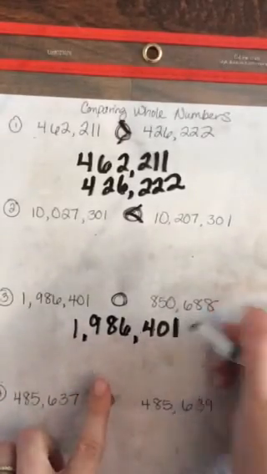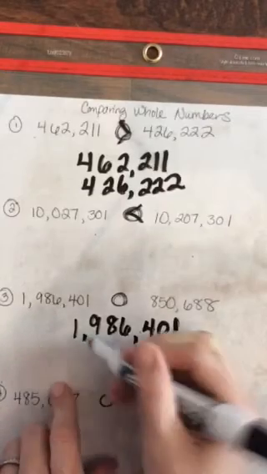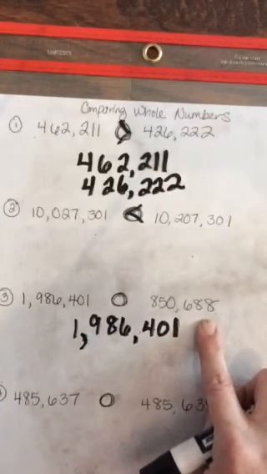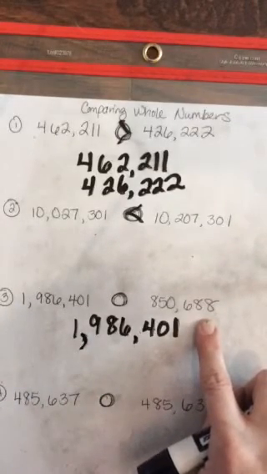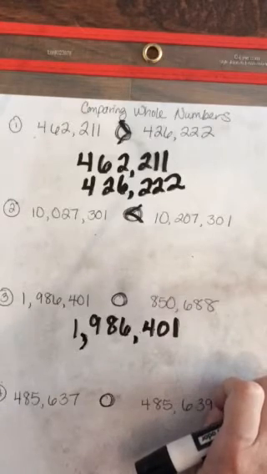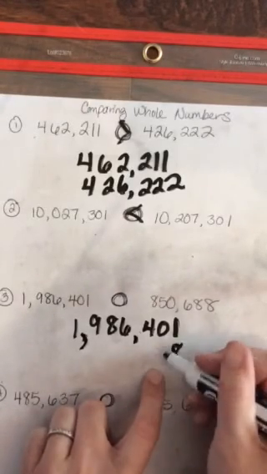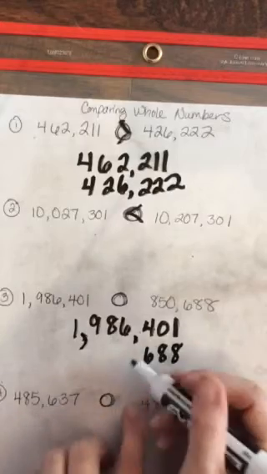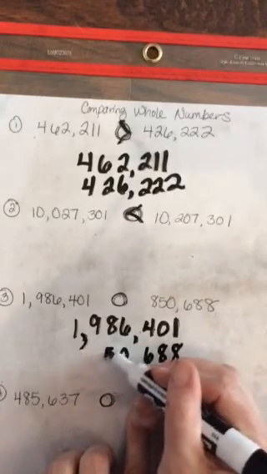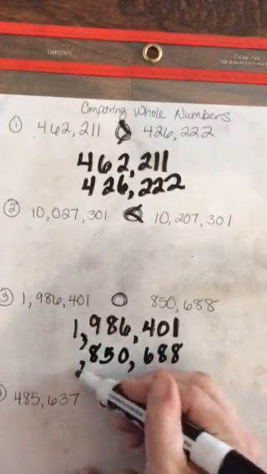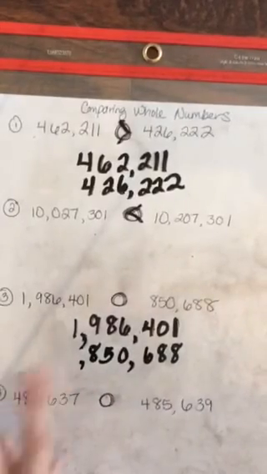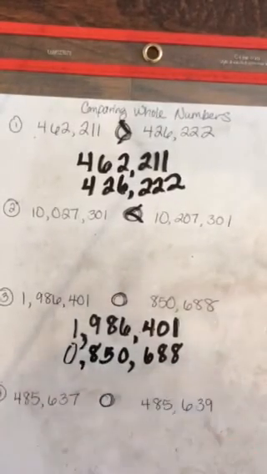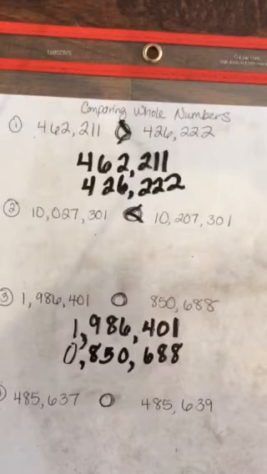If it doesn't pop out at you, it is okay to stack them. Now, when we stack them, we have to be really careful because this number, 850,688, doesn't have anything in the millions. If you notice that they don't have equal digits, it might be a good idea to start working backwards. What I could put here in the millions place to make them have the same amount of digits would be a 0.